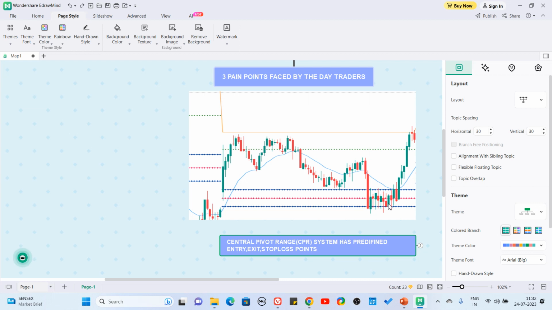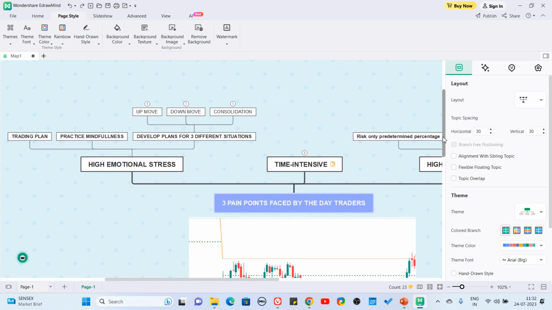Whether it gives you profit or loss, that is in the hands of the market, because the market is almighty here. No single person can control the market. So the solution here is to practice mindfulness, practice some meditation every single day as a trader.